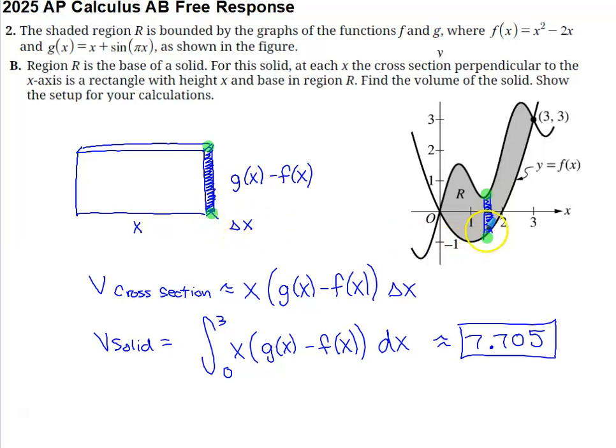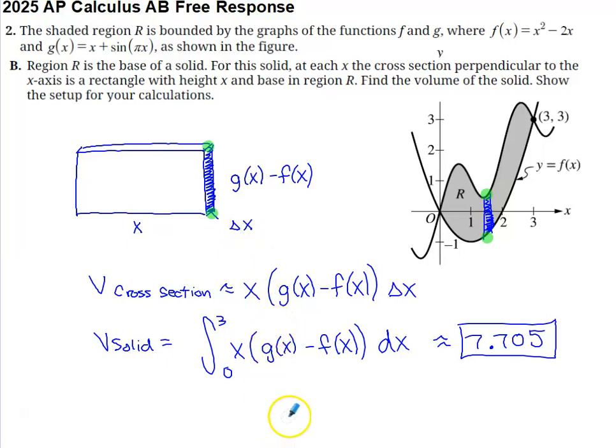The width of that cross section is some tiny change in x, and they actually provided me with the height. So the third dimension on that rectangular prism is going to be given by x. So the volume of this one cross section can be approximated by x times this difference times delta x.